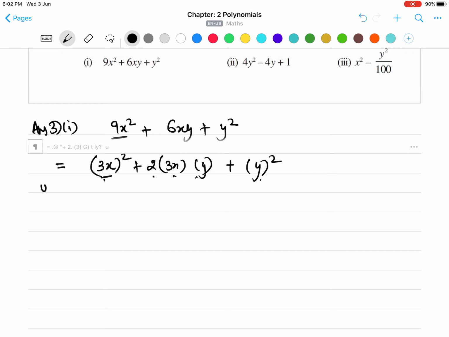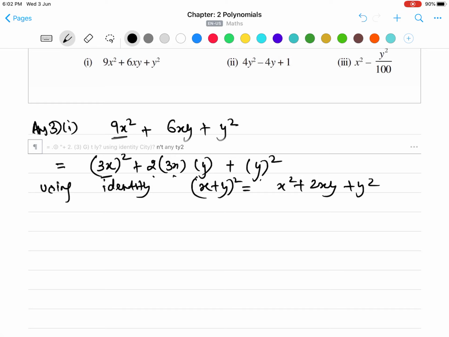So you can write using the identity x plus y whole square equals x square plus 2xy plus y square. This can be written as x plus y whole square. X here is 3x, y is y, whole square.